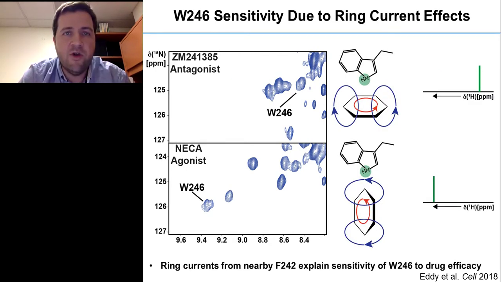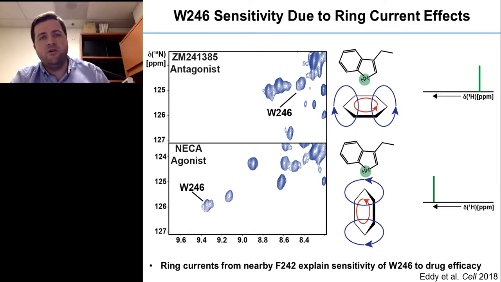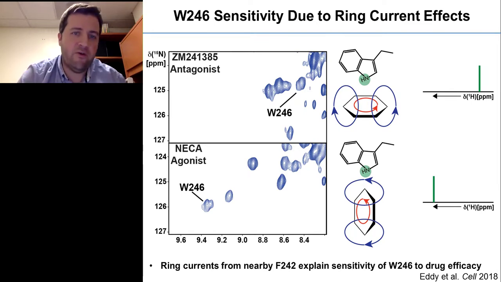And what is the rationale for this large chemical shift? Well, when you look at the crystal structures of the adenosine A2A receptor, there's a nearby phenylalanine ring, and there's a well-known phenomenon in NMR spectroscopy of so-called ring current shifts.